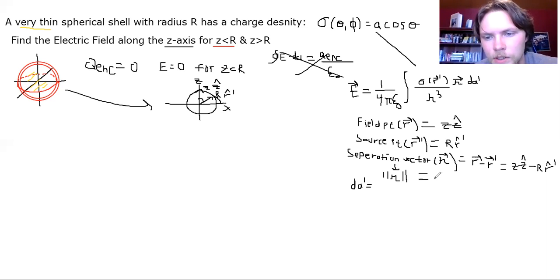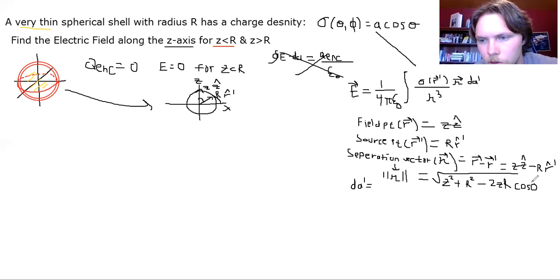You can think of it as an extension of Pythagorean's theorem. So we're going to use the law of cosines here, and this is just going to become the square root of z squared plus big R squared, and the law of cosines just means that this is going to be minus 2zR cosine theta.